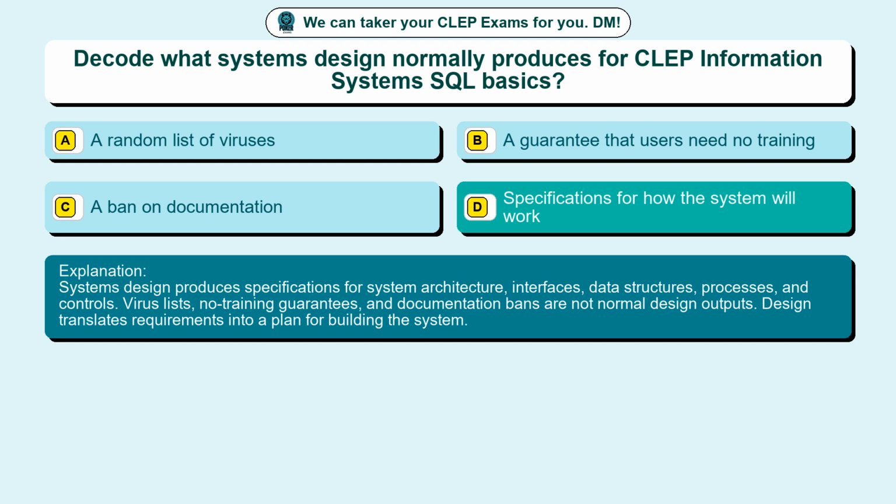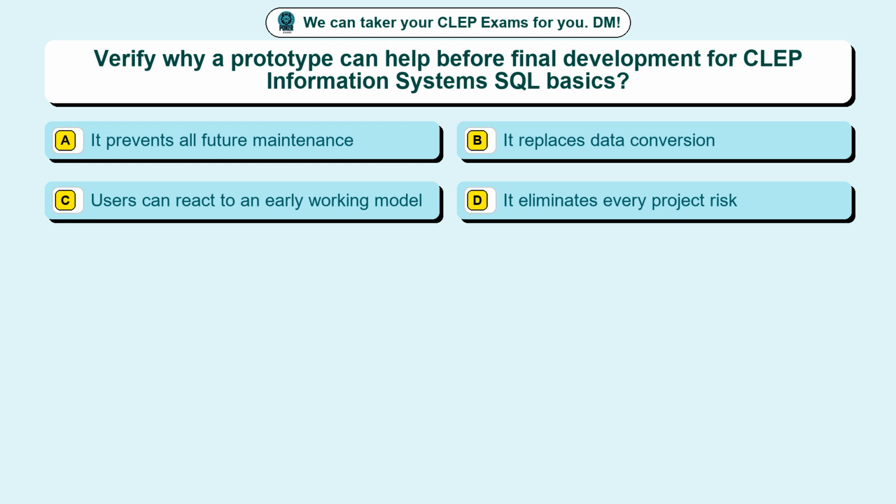Systems design produces specifications for system architecture, interfaces, data structures, processes, and controls. Virus lists, no training guarantees, and documentation bans are not normal design outputs. Design translates requirements into a plan for building the system. Question 68. Verify why a prototype can help before final development for CLEP Information Systems SQL Basics.